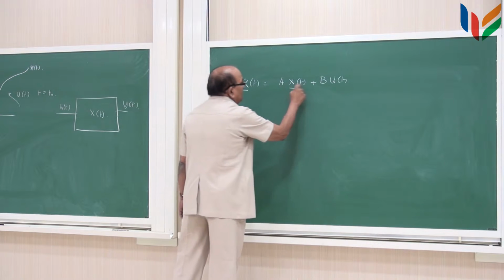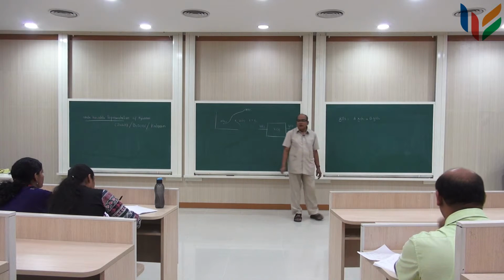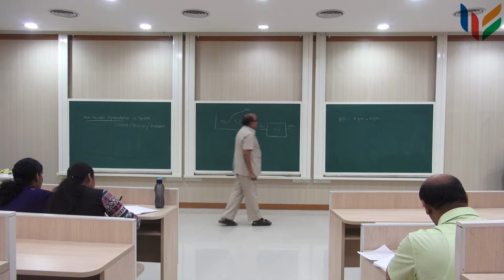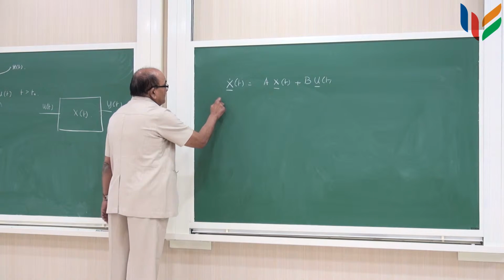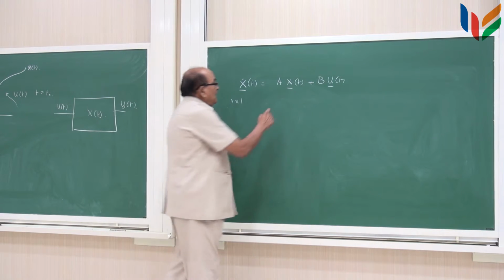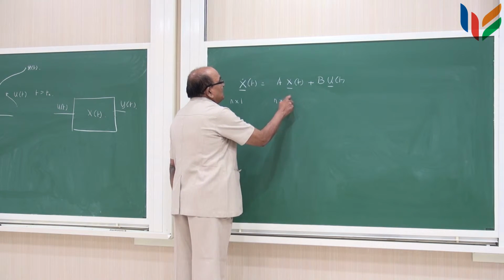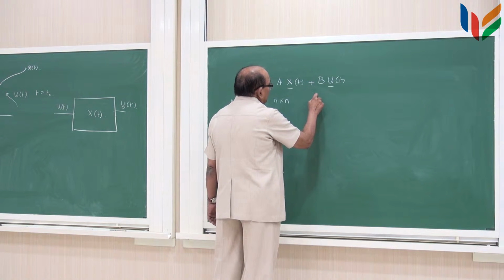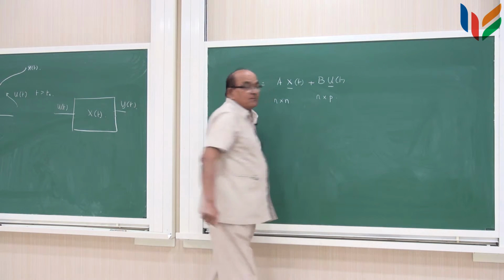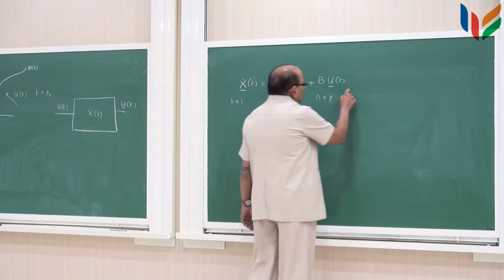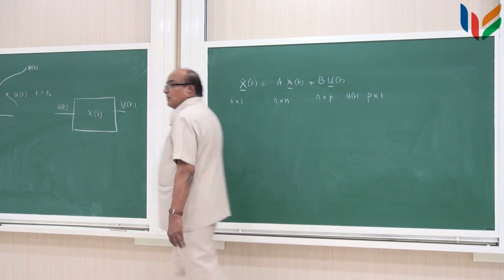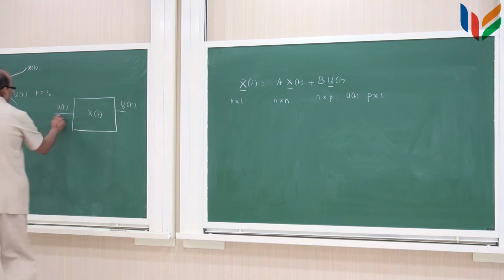I should put an underscore showing that these are vectors, but I may not continue doing it. x is an n by 1 column vector, A is an n by n matrix, and B is an n by p matrix, where u(t) is the p number of inputs, p by 1.